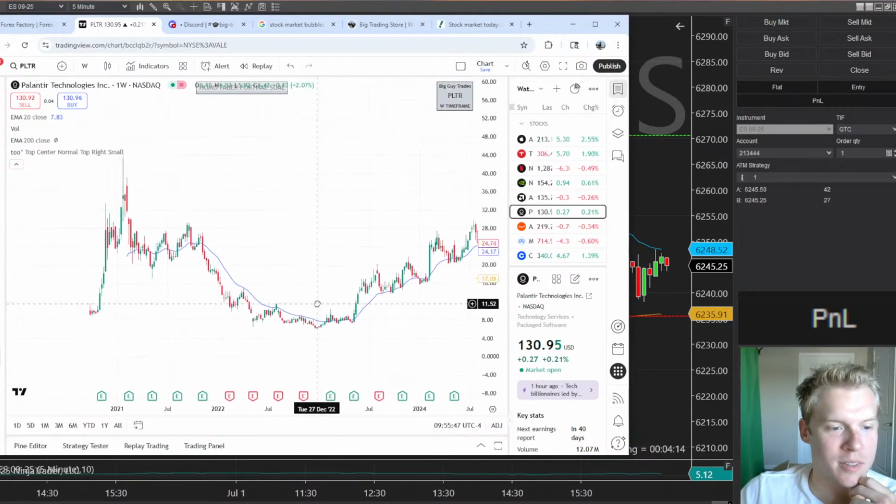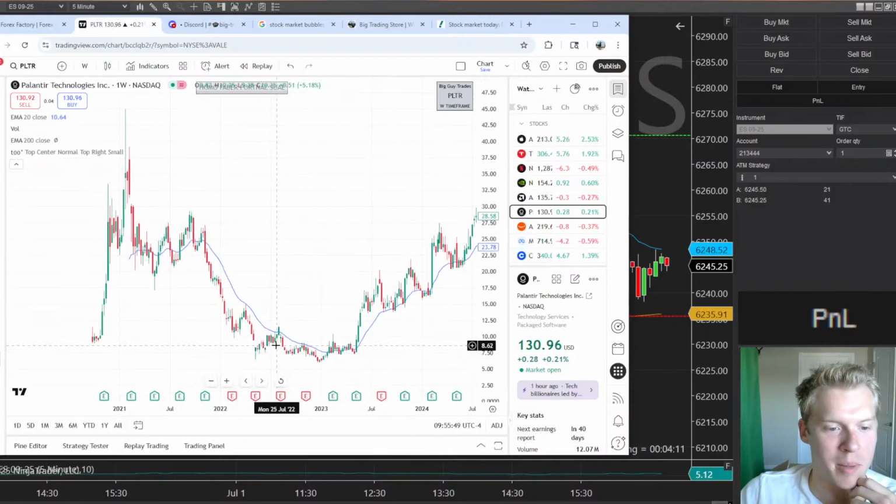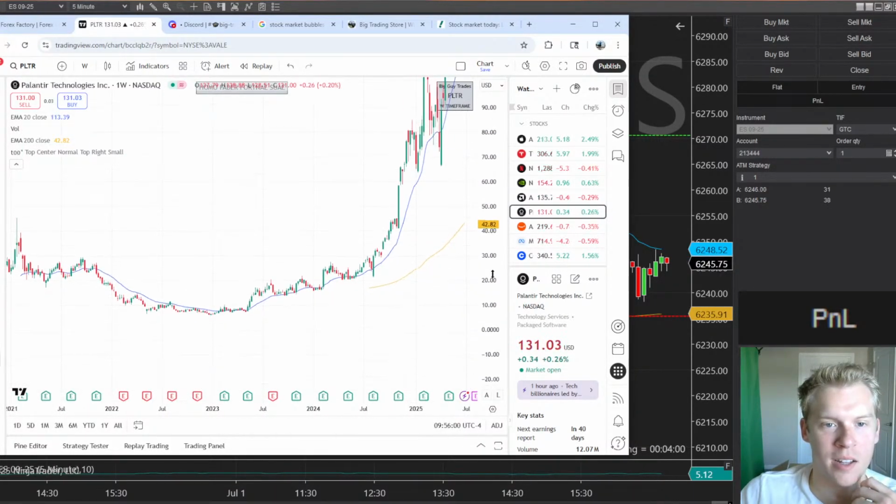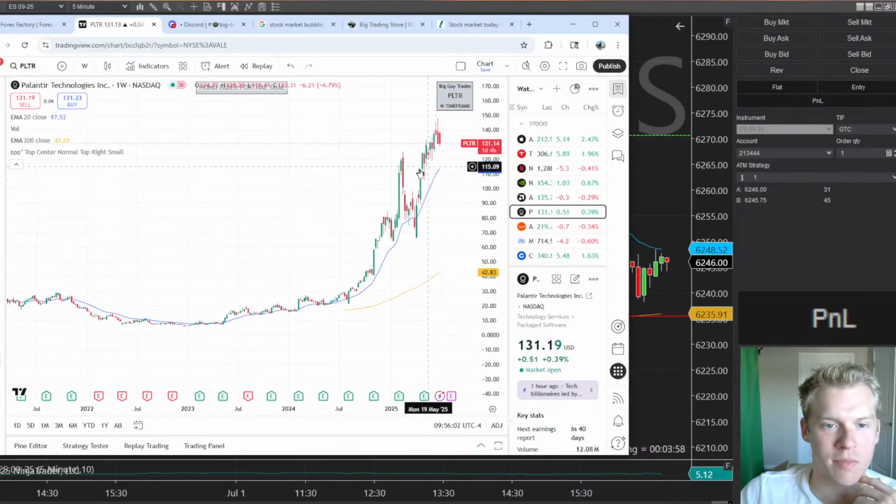And so he was so confident. I assume he held during this pullback here. And then if he continued to hold, then you look 3 years later and he's 13x his money.